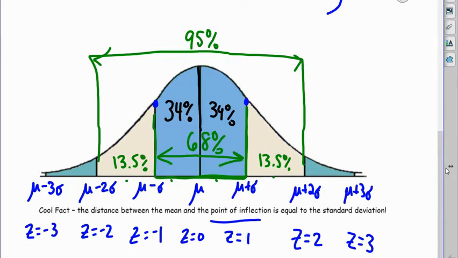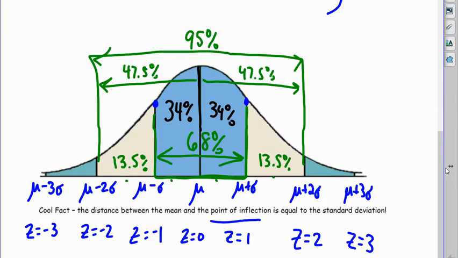And so that makes this half 47.5%. All I'm doing is using that property of symmetry and breaking these into pieces and just dividing and adding and subtracting.